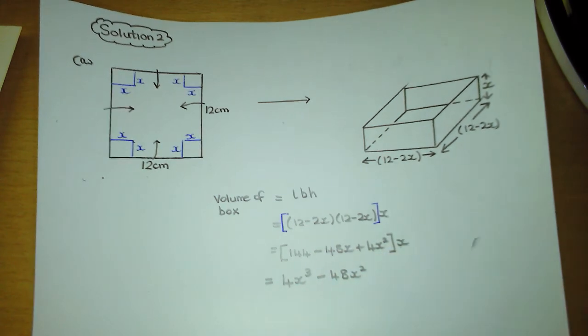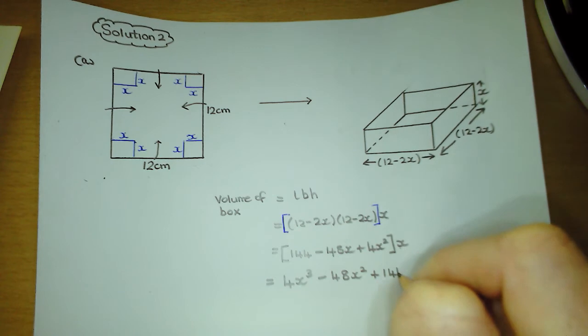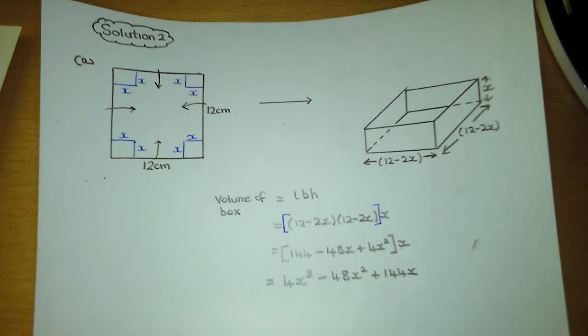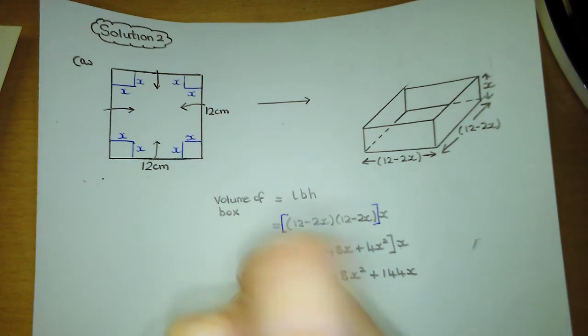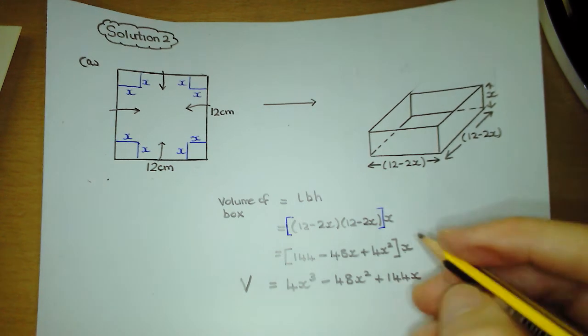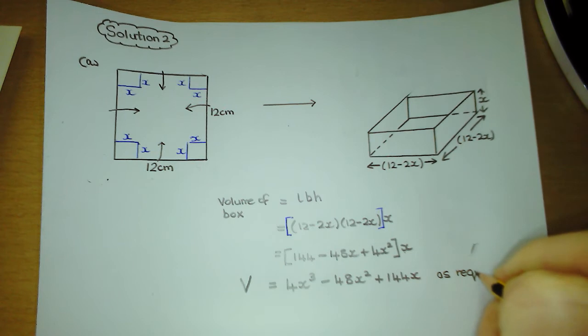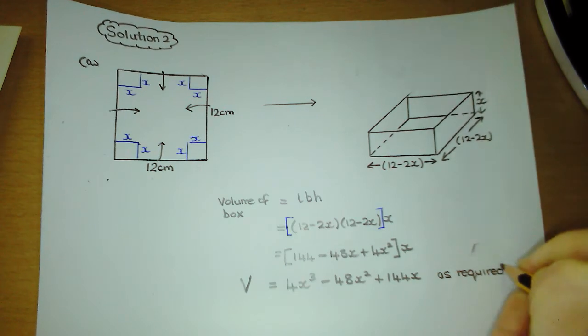And then x multiplied by 144 is plus 144x. Okay, as required. So V equals 4x cubed minus 48x squared plus 144x, as required. Part A.